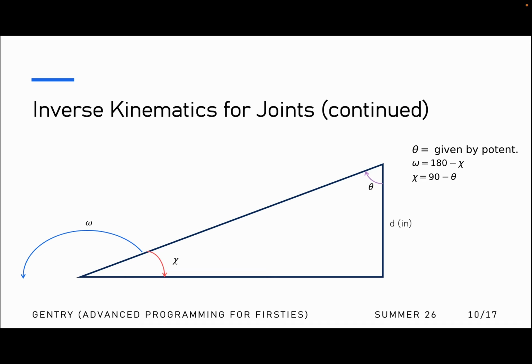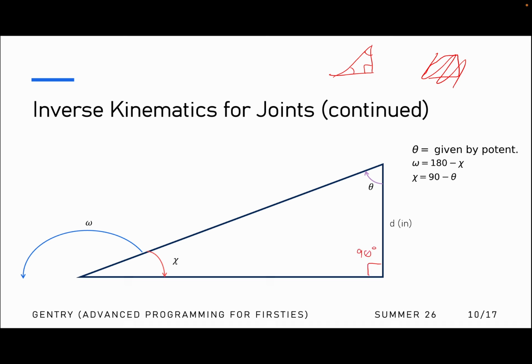But then we can derive several things, right? If we have any triangle, we know that the sum of all of their angles is always 180. So then, how can we figure that out? Well, we know that this is 90.